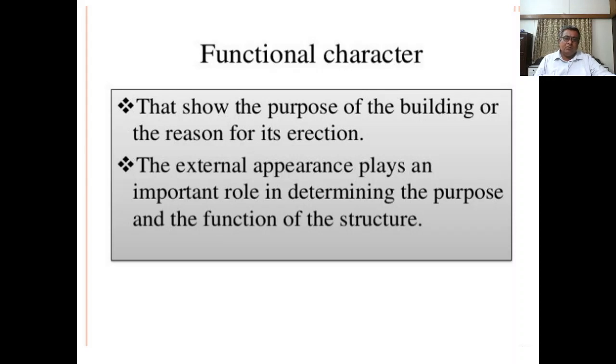The external appearance plays an important role in determining the purpose and function of the structure. Why the building is constructed, or why we erect the structures. So the external appearance plays an important role in the functional character of the structure.